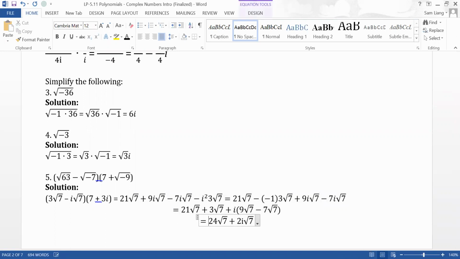And here we have 9 root 7 minus 7 root 7. Since it's the same root 7, we can subtract. So we get 2 root 7. I'll write the i over here to make this clear. So the final answer is going to be 24 root 7 plus 2 root 7i.